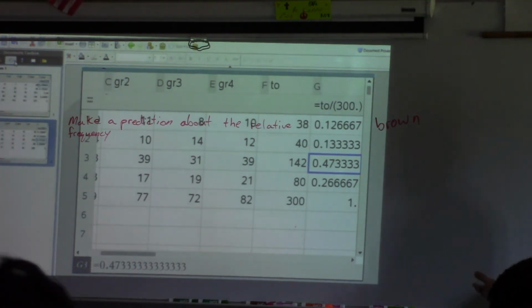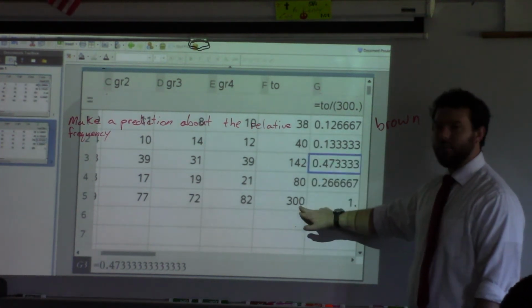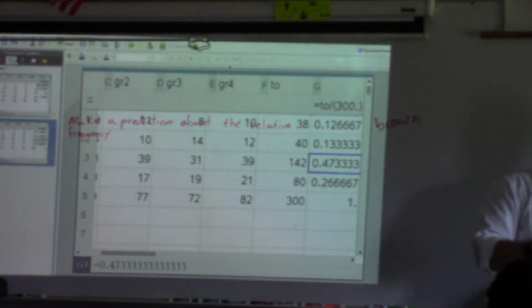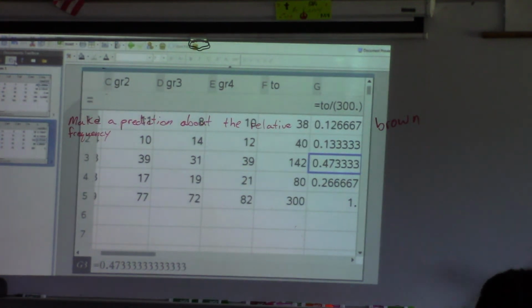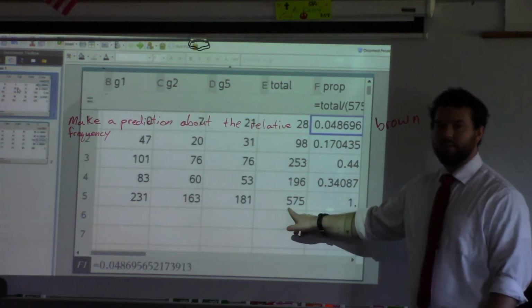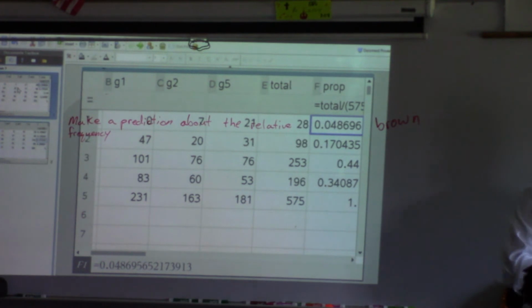But exactly how much more is it? Well, it's hard to tell. Notice 38 is out of how many total M&Ms? 300, right? If you just count the frequency, it doesn't account for how many total M&Ms there were. We really almost had as many brown M&Ms the first time around, but how many total M&Ms were there? 575, right? Those are very different in their total amounts.